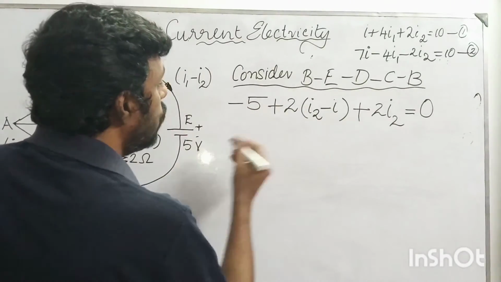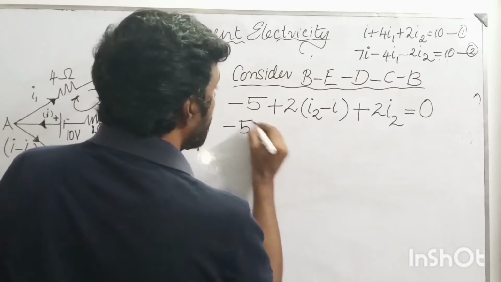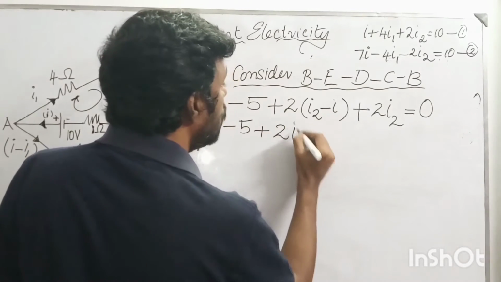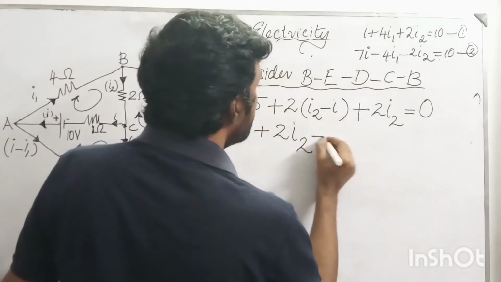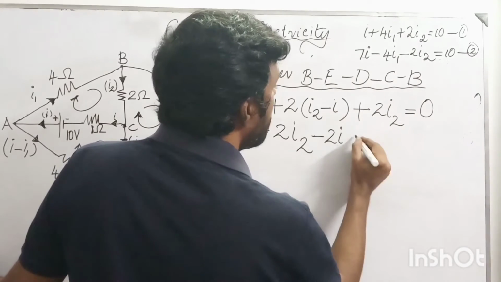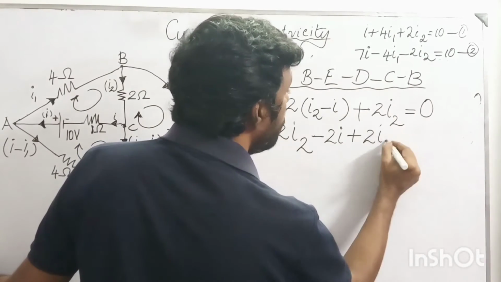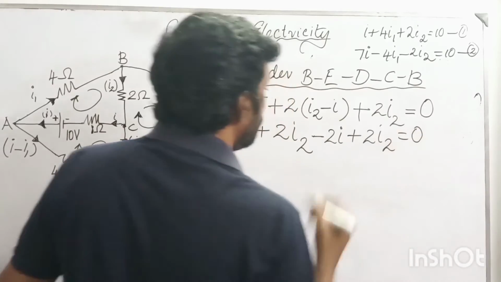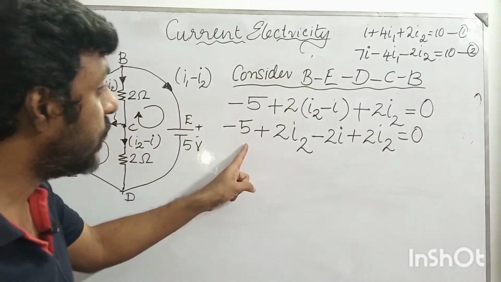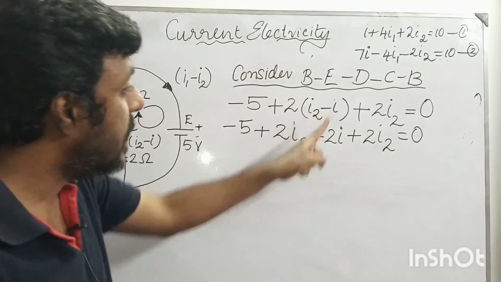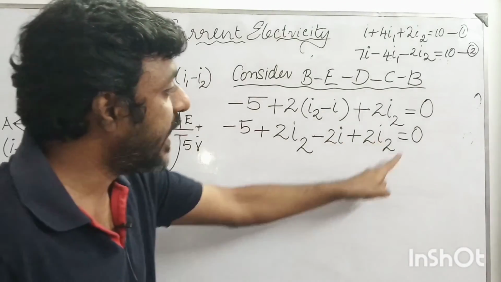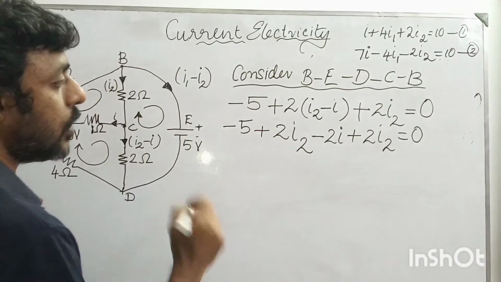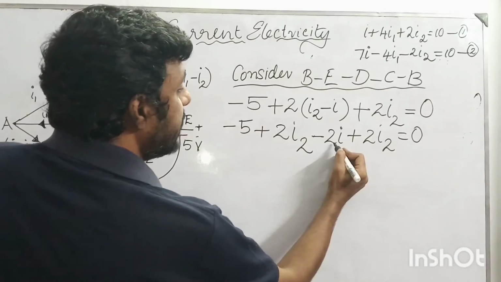Now, how are we going to do it? Minus 5 plus 2 into I2 minus 2I plus 2I2 equals 0. You got it? So minus 5 plus 2I2 minus 2I plus 2I2 is equal to 0, right? Now take this minus 2I.